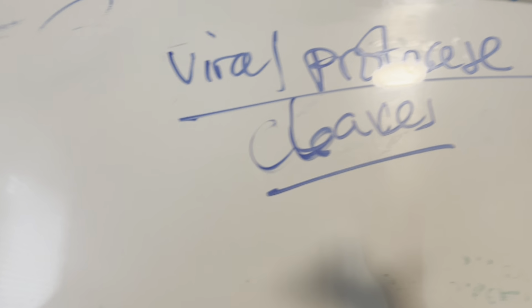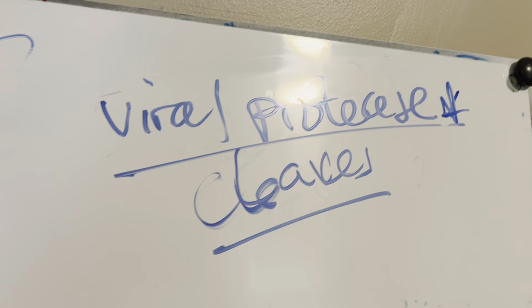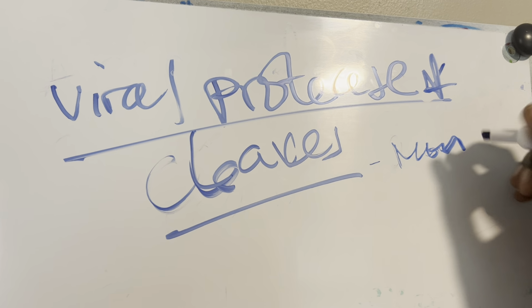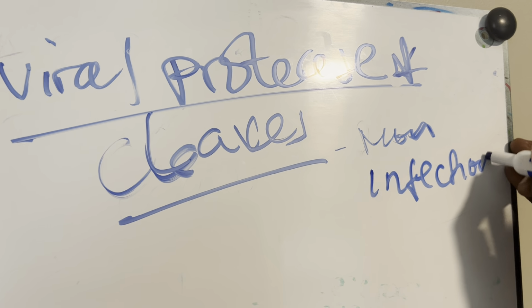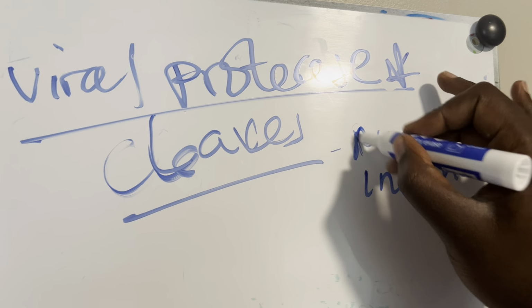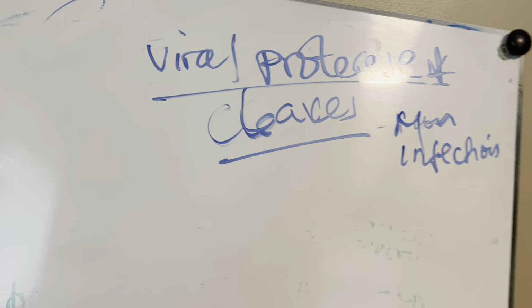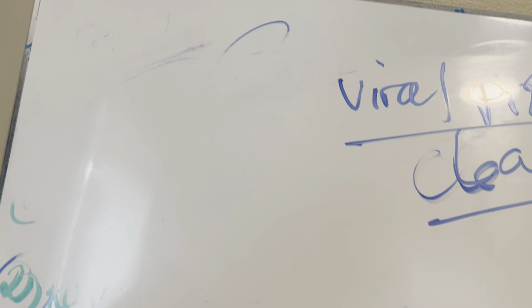On their own, before the activity of viral protease, these are non-infectious, but after they've been cut, split, they become infectious, and then they mature. Yes, and this is how the life cycle, the pathophysiology goes.